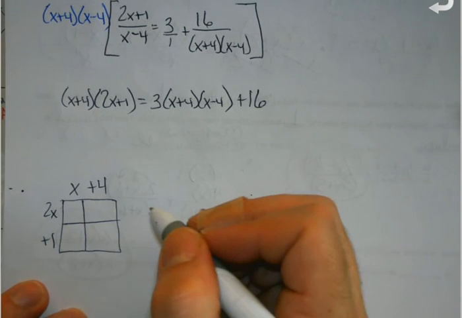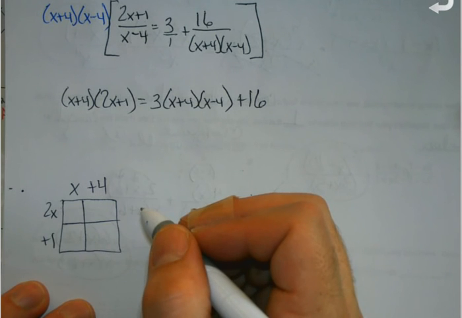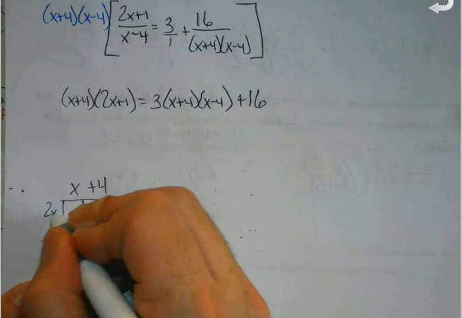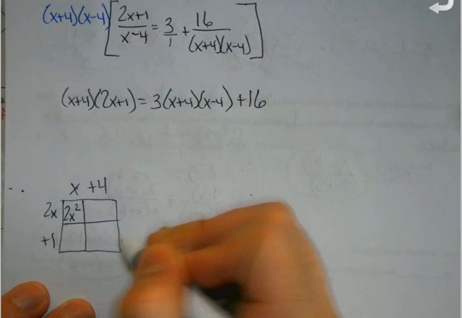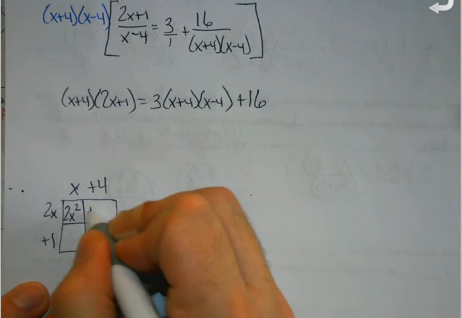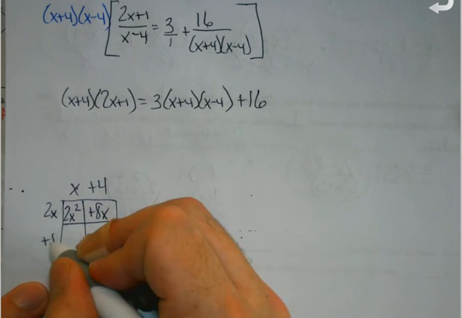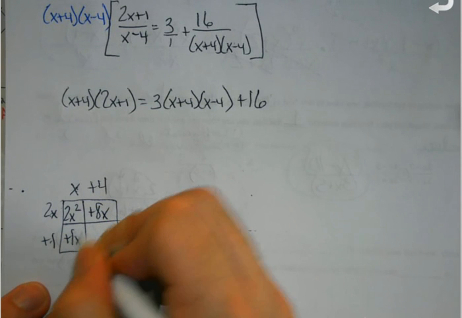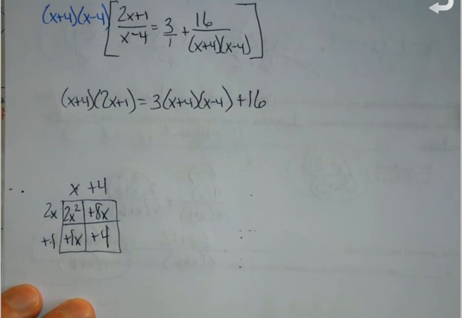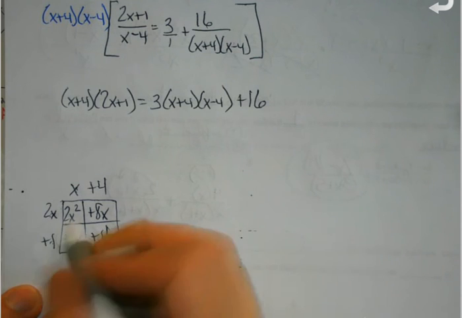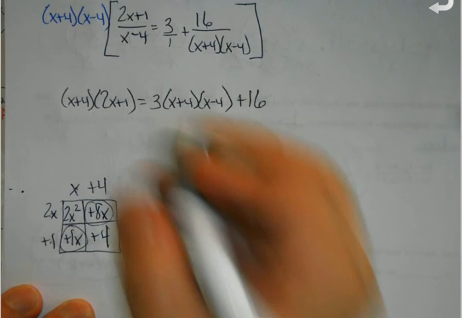I'm multiplying what's on the outer edges. So x times x is x squared. 2x times 4 is 8x. 1 times x is 1x. 1 times 4 is 4. And then I just combine my like terms together.